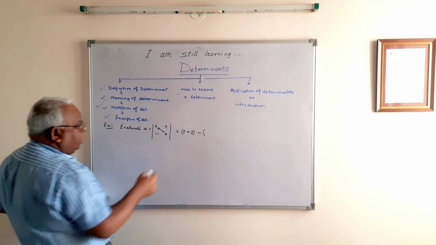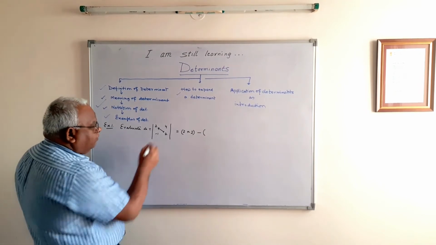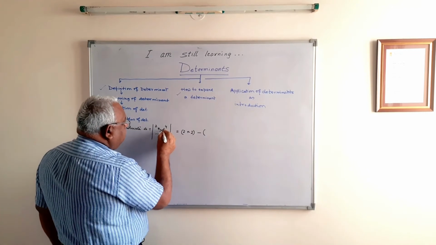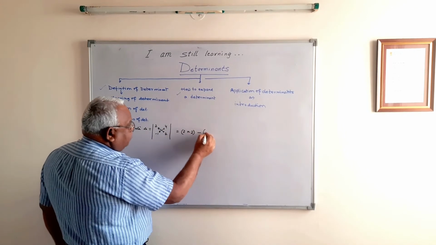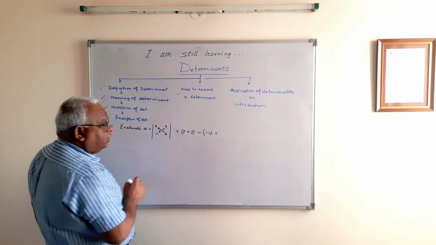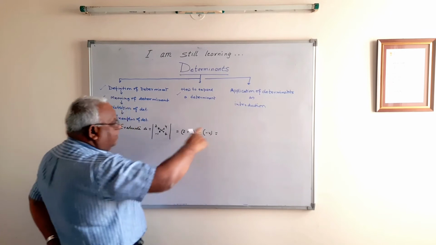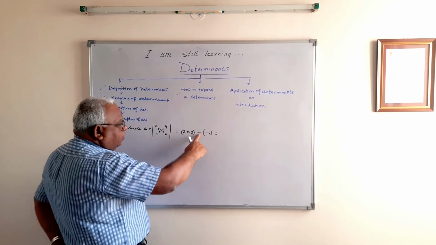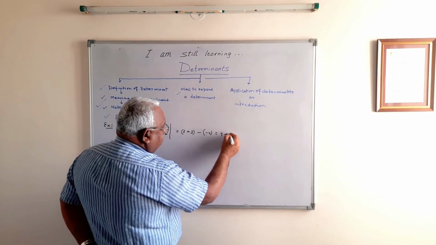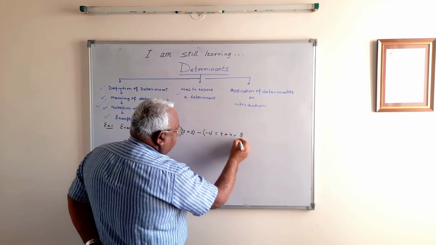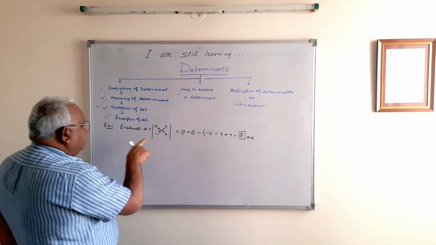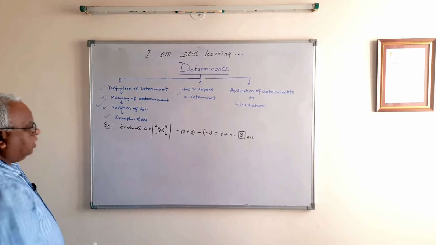You must use the bracket. And when the minus is there, you have to be extra careful. Then again, you cross multiply, you get minus 4. When minus is there, you have to take extra precaution. This minus is because of the multiplication. This minus is because of the operational sign. So you need to understand the basic difference between the two minus signs. So 8 is the answer, or this is the value associated with this determinant.